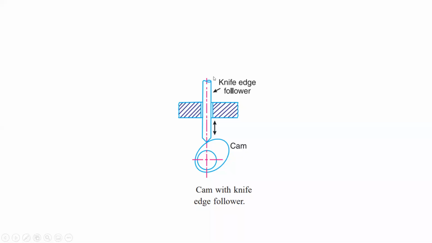It is one mechanism. Here the contact between them is at a very small area, the line or point contact. They are communicating at a very small area. So cam and follower is an example of a higher pair.